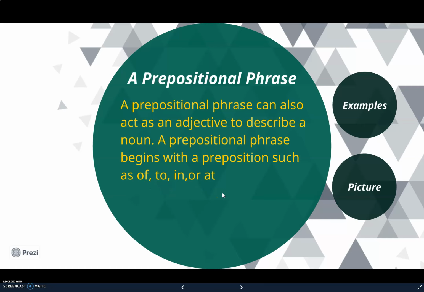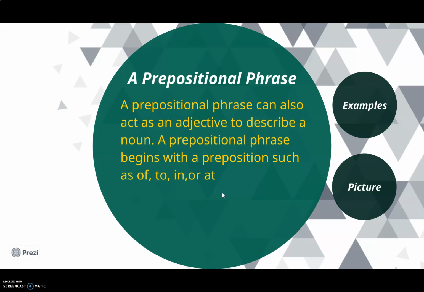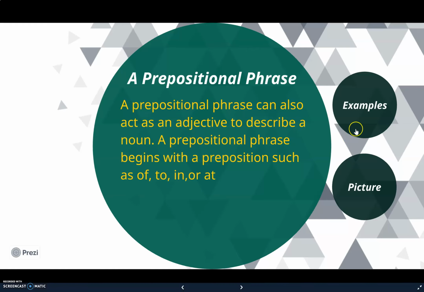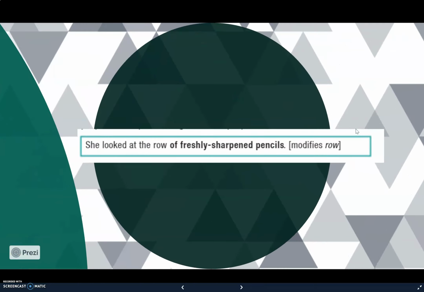If you want to know the prepositional phrase, it is the phrase that begins with a preposition. Look here, the bold one: of freshly sharpened pencils. This one is a prepositional phrase. Why? Because it starts with a preposition.